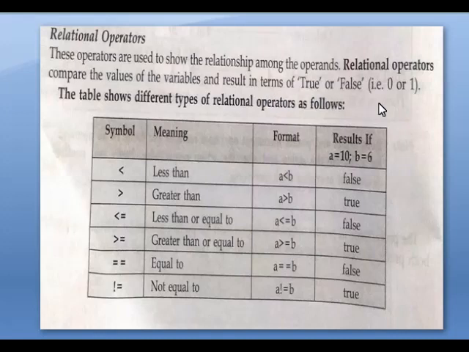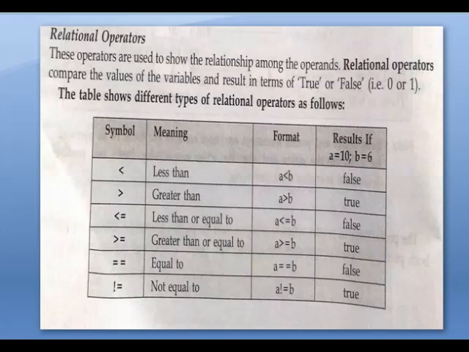So these are the relational operators, that is less than, greater than, less than or equal to, greater than or equal to, double equal to, not equal to. So these all are for comparison of the values. Whenever you are using relational operators in a statement or a program to check a condition, the result will be either true or false.